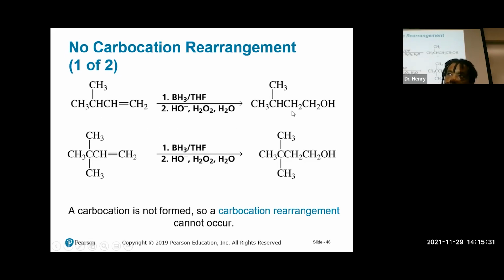Under both circumstances, we're going to end up with the same product. So we're not going to have a carbocation rearrangement.